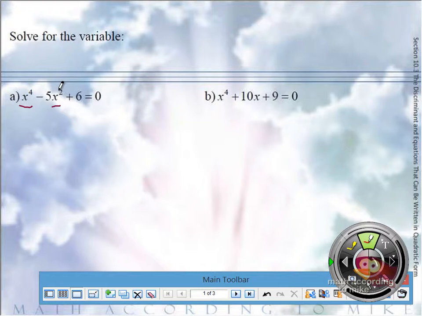Secondly, if it can be rewritten so that you see an expression or a term, if you will, that's being repeated, notice x to the 4th is x squared squared. So what's being repeated there is this x squared.